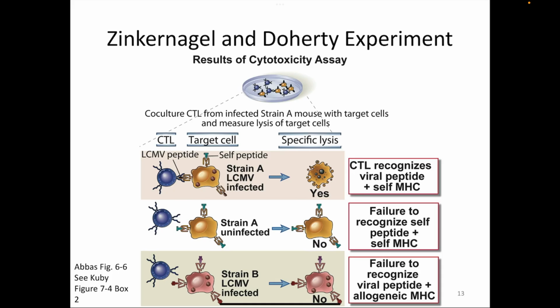So there's this recognition, not just of the microbe, but of some aspect of your genetic makeup too. Because these effector cells couldn't recognize targets of the wrong genetic makeup. They could only recognize targets of the correct genetic makeup. You can kind of think about this that the target cells were restricted in who they were allowed to act on.